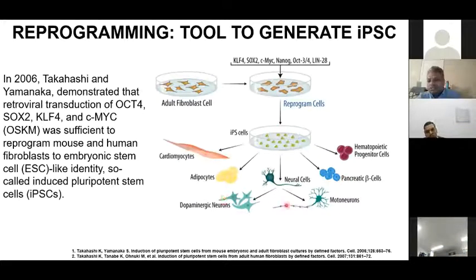Those diseased phenotype cells can then be studied and interrogated for the aberrant molecular mechanisms associated with that particular disease.